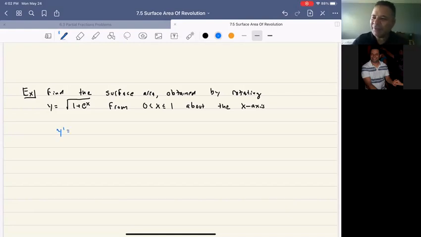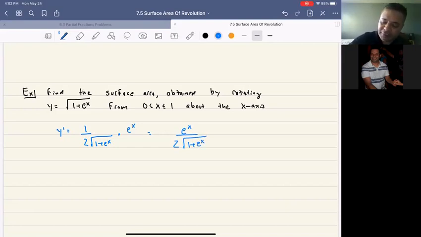Remember, anytime you have a square root, it's going to be 1 over 2 square root times the derivative of what's in the square root. Okay, so let's write that as e to the x over 2 square roots of 1 plus e to the x. So that's y prime.